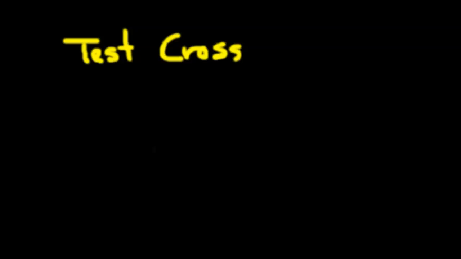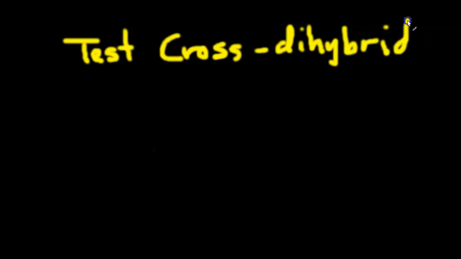You can do a test cross with a dihybrid as well. Dihybrid. For our class, you might actually have to do them, but make sure that you know that they are possible.